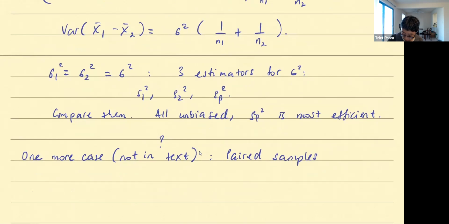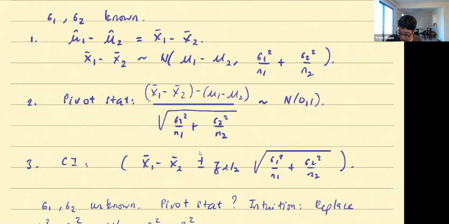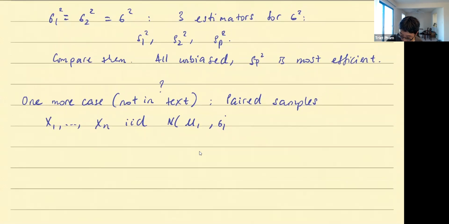So for convenience, let me just say this. You have x1 up to xn IID. And for the sake of discussion, I can even throw in normal, doesn't matter. And I have y, okay?